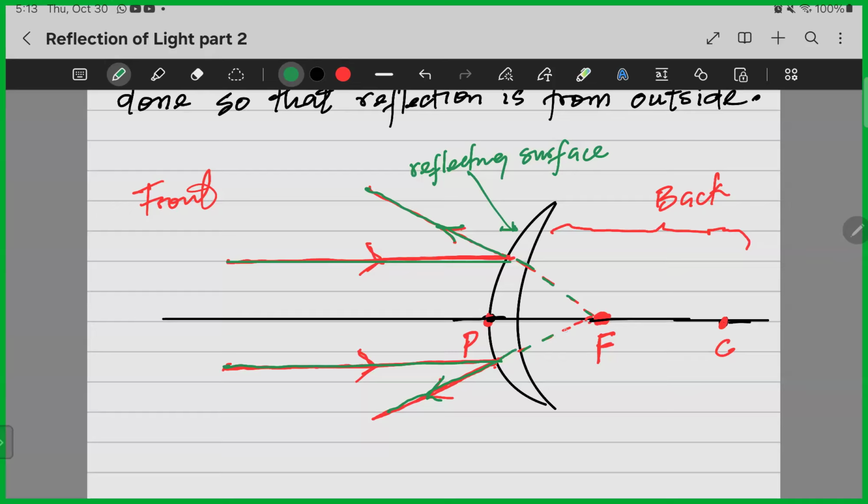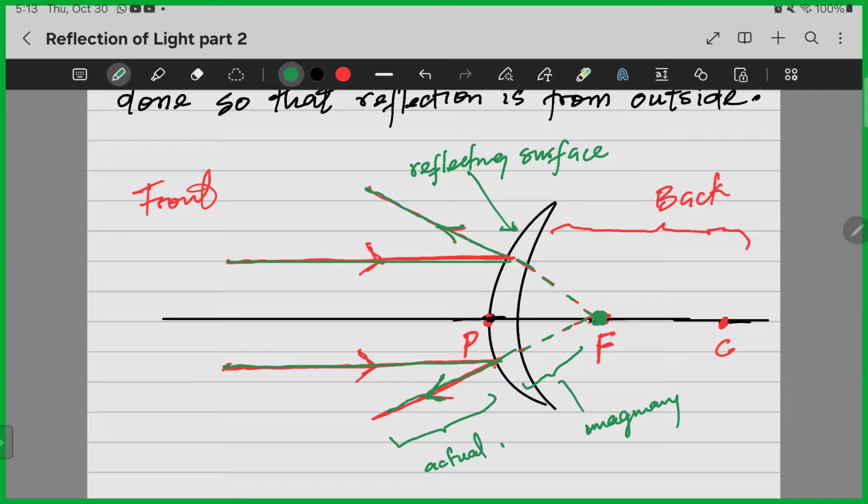If you look at the other side of its movement, normally the rays that we produced, this part that we produced is the imaginary part. This part is imaginary, right? This is what was actually produced.